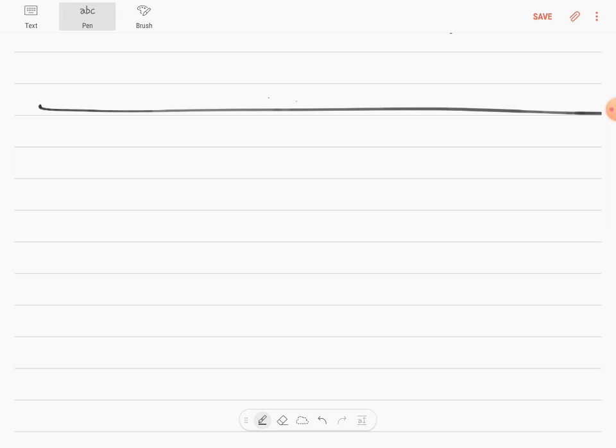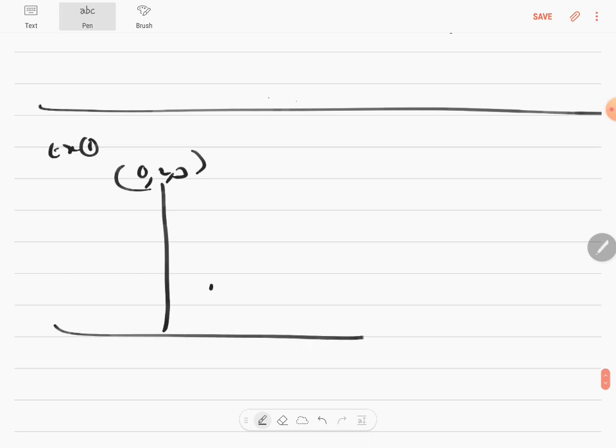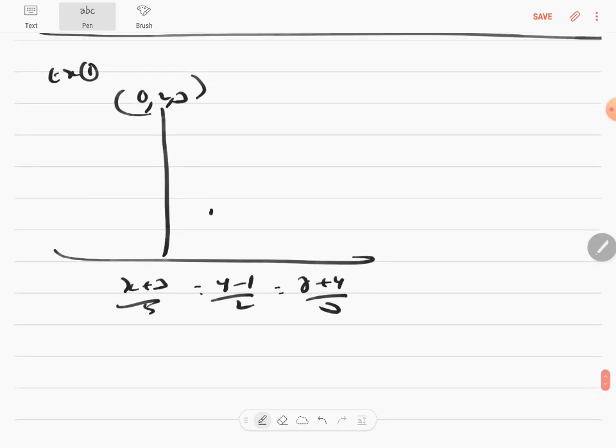The next question that I taught these guys is to find the foot of the perpendicular. Example 1. Find the foot of the perpendicular from the point 0, 2, 3 to the line x plus 3 by 5 is equal to y minus 1 by 2 is equal to z plus 4 by 3. To find the foot of the perpendicular means this foot.